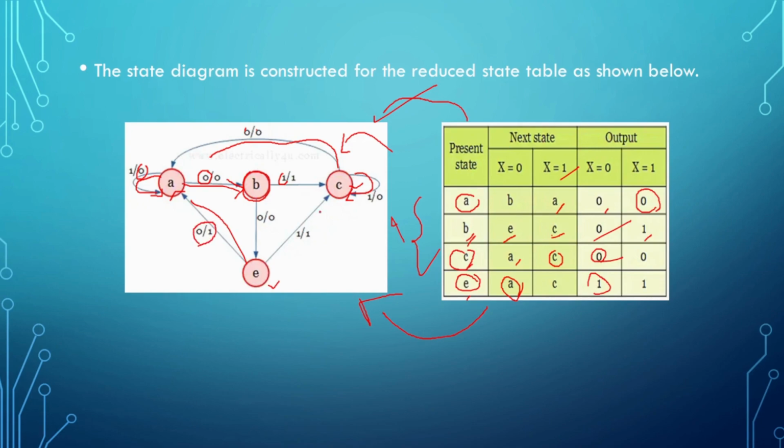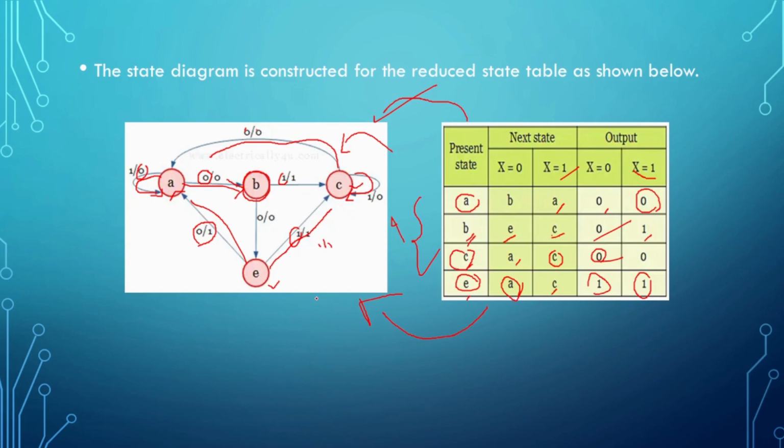Afterwards, when input is given as 1 for present state E, the next state is C. With the help of this table, you will find out that C. So you will connect this E with C when input is given as 1. What will be the output? Look at the table. Here the output is given as 1 when input is given as 1. So this will be written with 1 by 1.